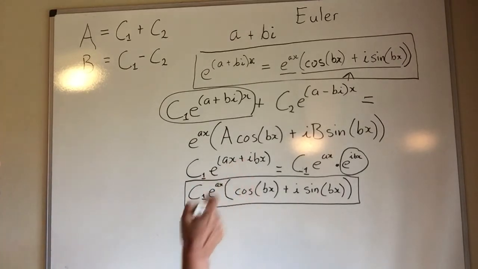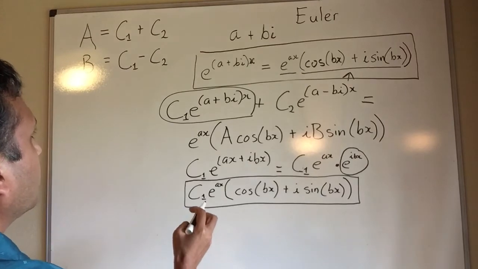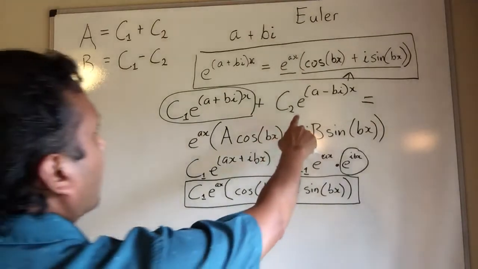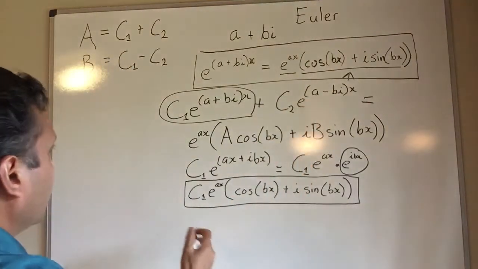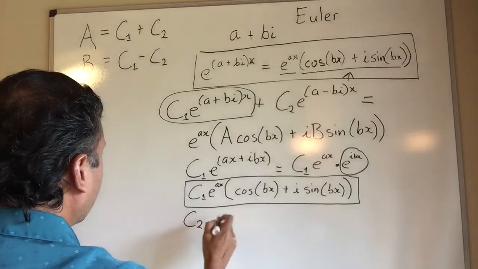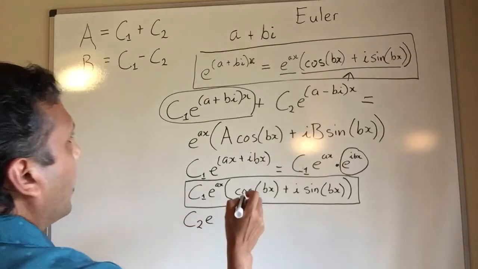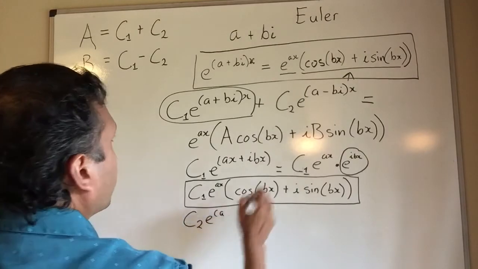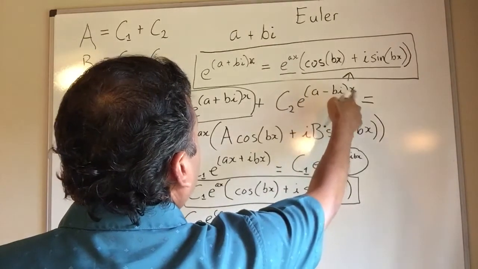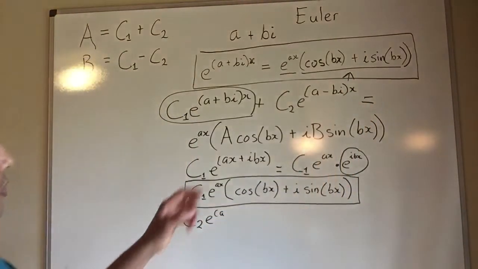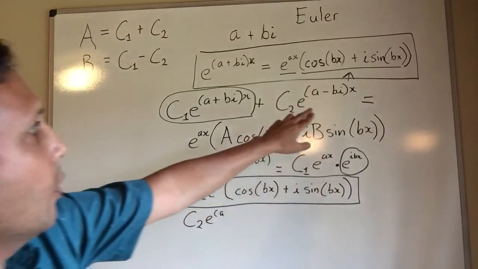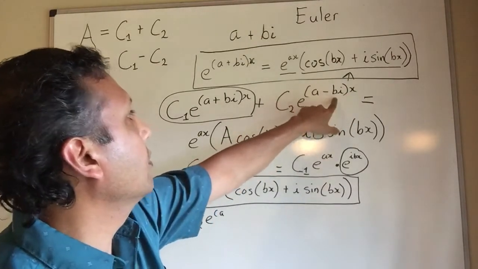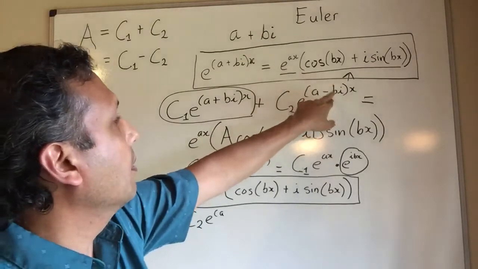Okay, so now I have C2 times e raised to a power that's a minus bi, close parentheses, x. But since I'm running out of room, I'm just going to go ahead from up here and distribute the x to each of these terms in this exponent.